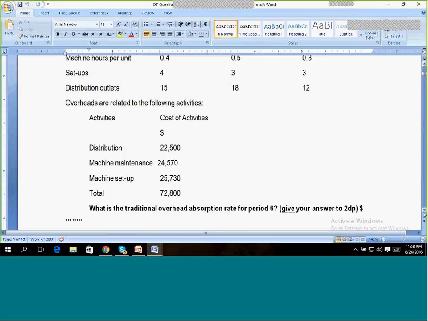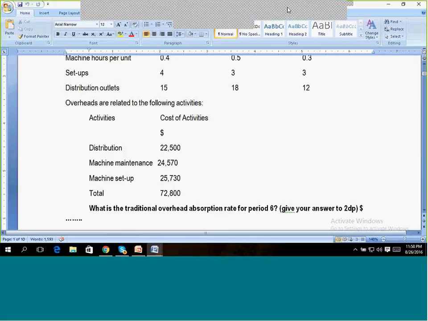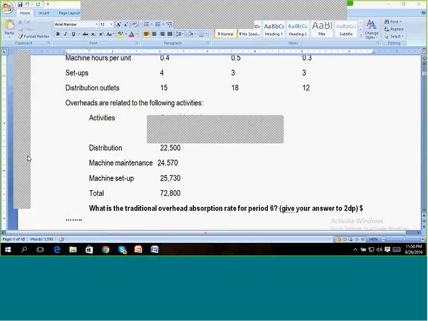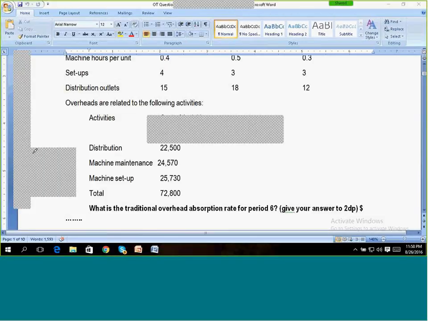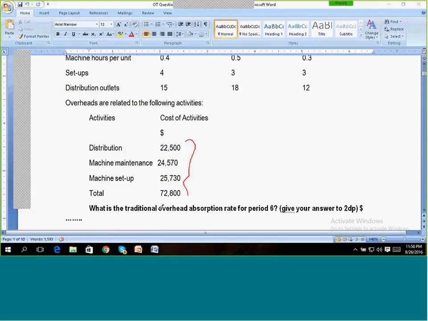What is the question, and answer the question looking at all the information. You must be smart enough to pick the information that is relevant. So you can see the total overhead is 72,800.